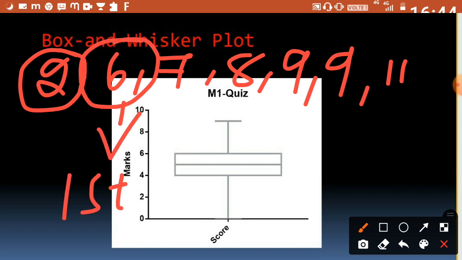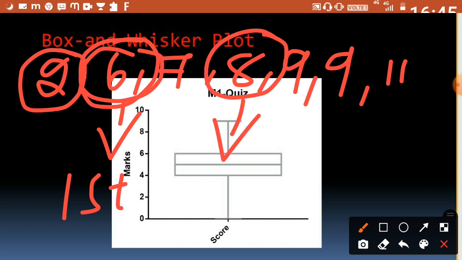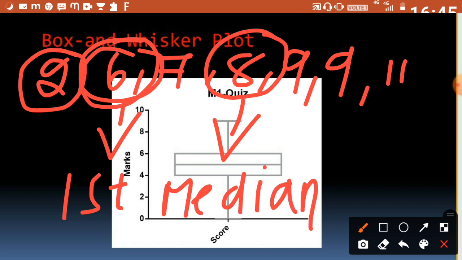Now your question is, how did I know that the first quartile is 6? Please do the calculations. I have already done the calculations. Now you can do the calculation, and you will also find that the first quartile is 6. Then here your median is 8. Fine, this is your median. Then we have to find the third quartile, and here your third quartile is 9.